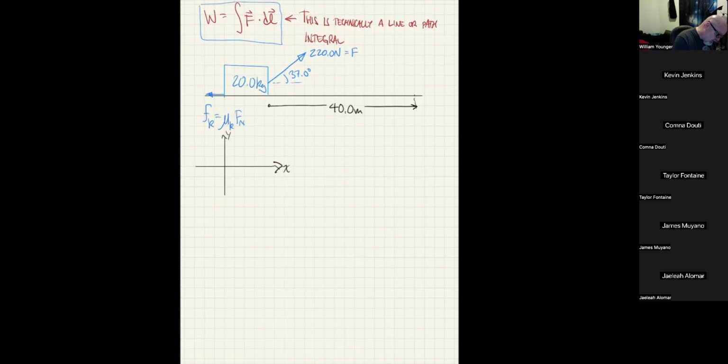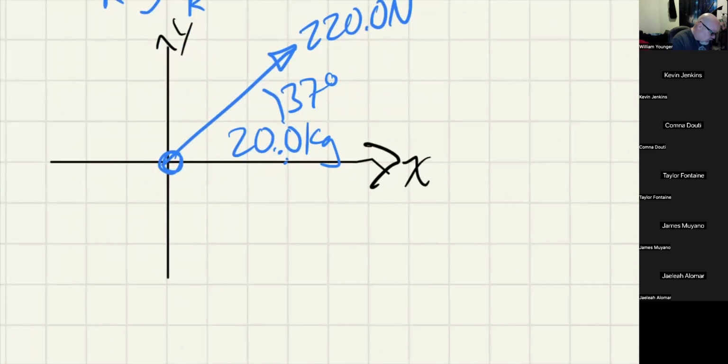There's X, there's Y. What I will see is I have a mass right here of 20.0 kilograms. I have a force of 220.0 newtons at 37 degrees. Let me move this 20 kilograms to somewhere else.